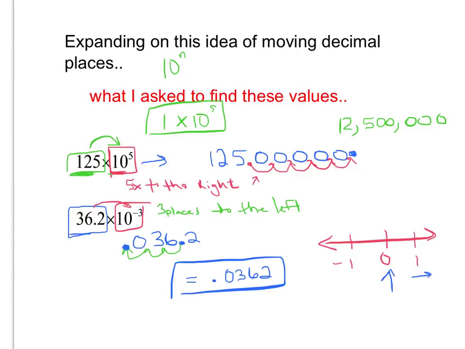Positive numbers are all to the right, and negative numbers are all to the left. So if you ever get confused on which one is which, think of a number line. The first example, 10 to the 5th power, is telling me I needed to move it to the right because 5 is positive. In the second example, -3 is a negative number, and so we move that to the left that many times.